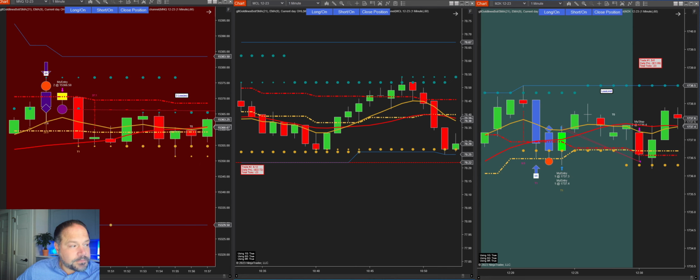Now, I will tell you one thing. There are some people in the Discord that are trading the system manually, okay? Meaning that they have the indicator up, they have the bot, but they're still trading it manually.